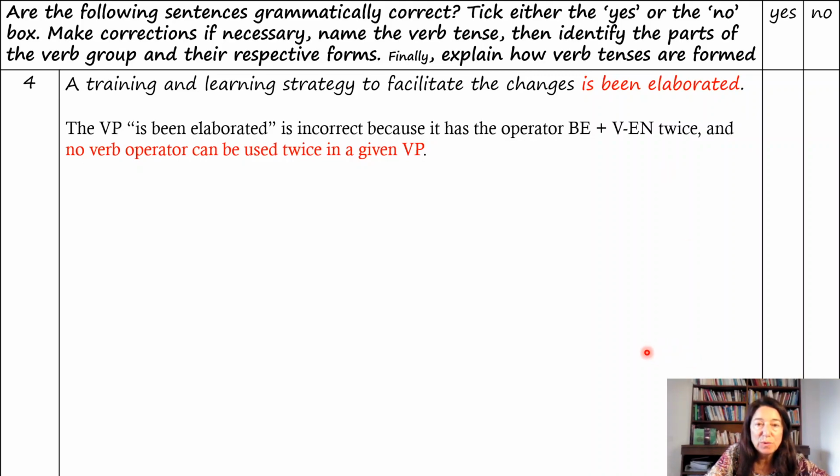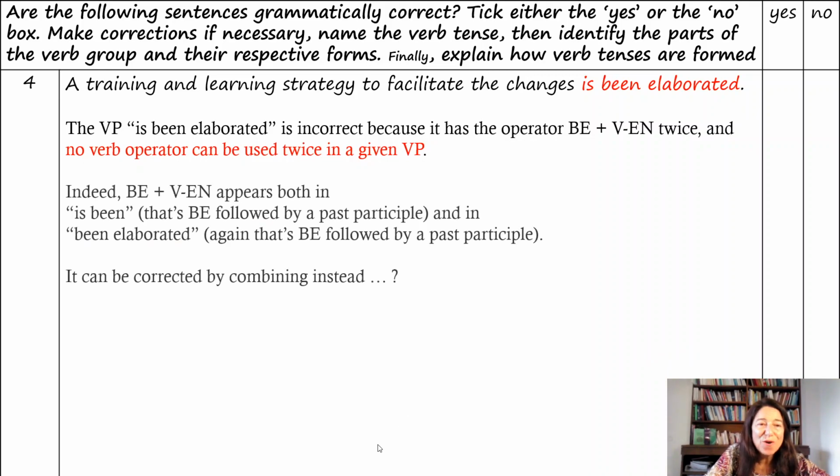And how can we correct it? Well, instead of combining be plus VEN twice, we're going to combine be plus VEN with be plus VING. And which one are we going to put first? We're going to use be plus VING first, okay?